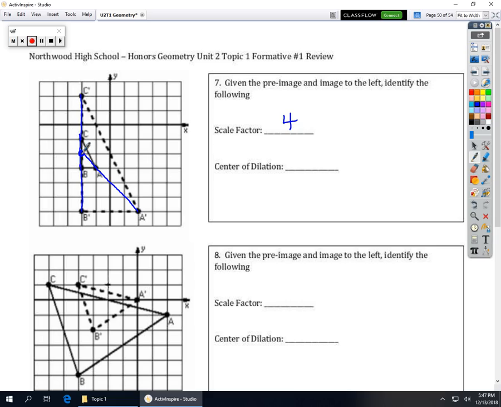That is your center of dilation. So in this case it is -2, -2. So connect, again, A prime and A, B prime and B, and C prime and C, and keep going, and you should find that they all will connect to this point right there.